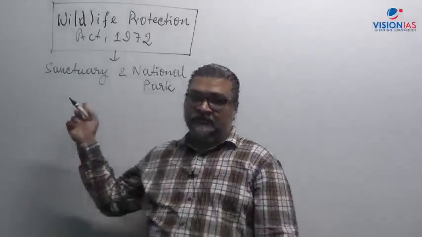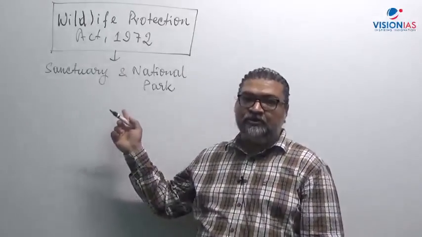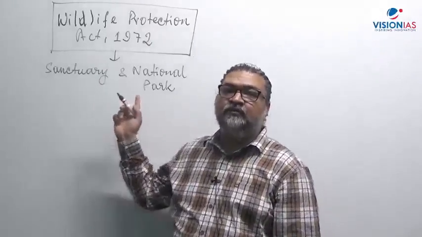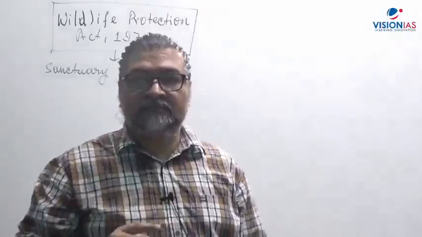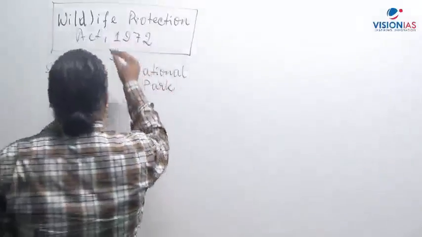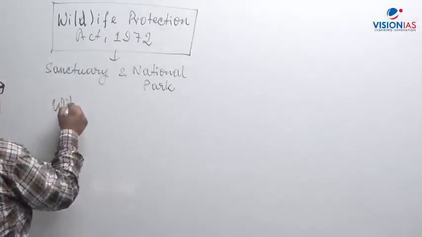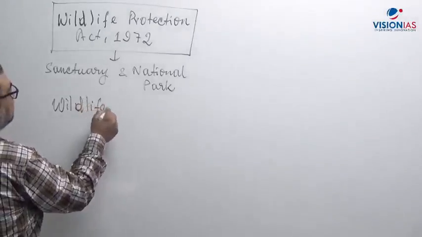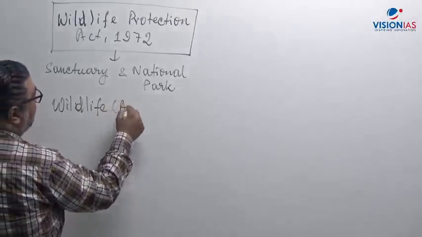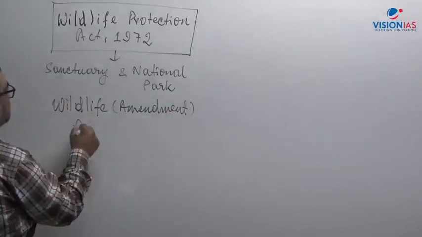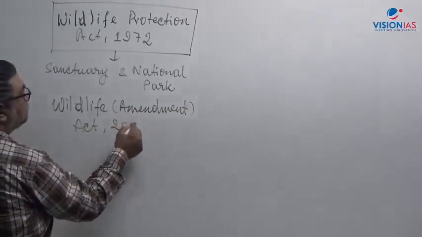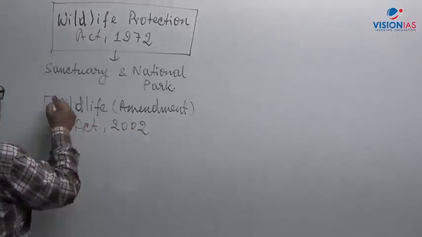Section 18 covers wildlife protection, the sanctuary and all, and then you will find section 35 defines the national park. Then this was amended. There was an amendment to this act, the Wildlife Protection Amendment Act, passed in 2002.